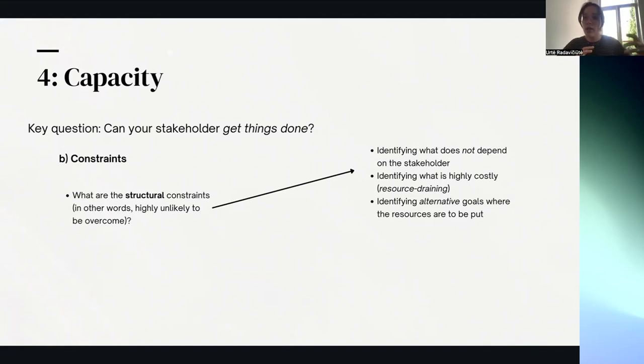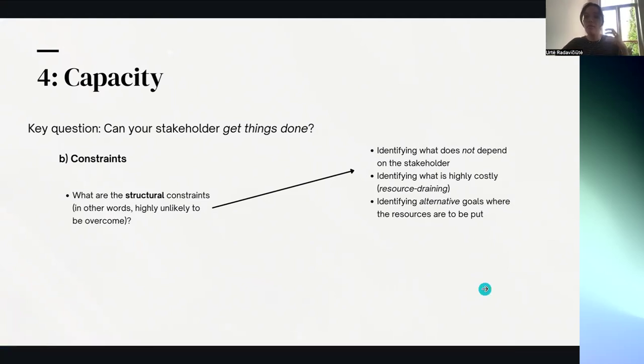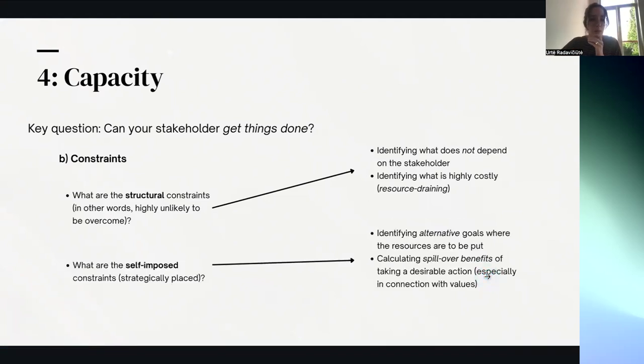And there might also be alternative competing goals, impacts, interests where resources are to be put. And therefore, even if you technically have them, you might not be as motivated to use them in the context of the debate. So constraints are very important because once again, they bring the debate to a more realistic scenario where you're not just in debate land looking at things on paper.